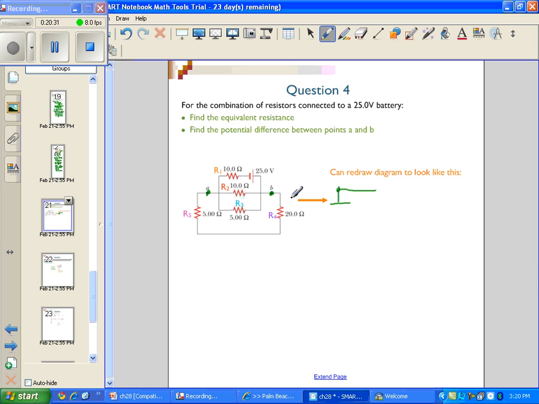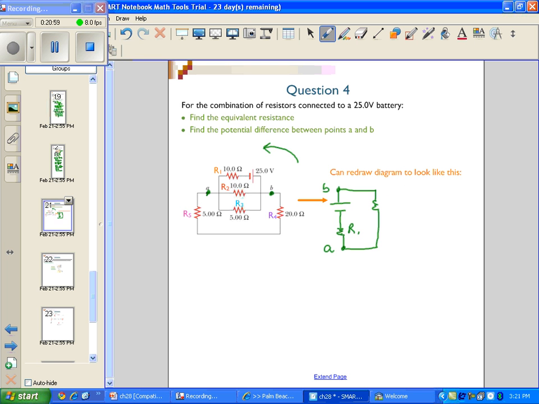We take the circuit and we rotate it counterclockwise so that our battery, 25 volts, is here. Our resistance R1 is here. Here we have the points B. Here we have the points A. Next, you can see that R2 is this resistance here.